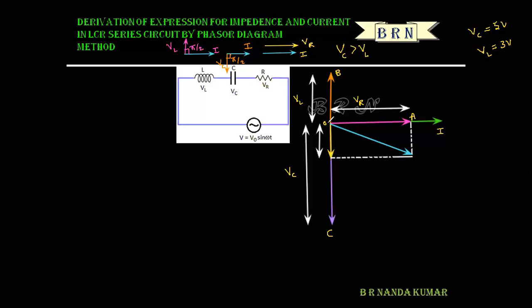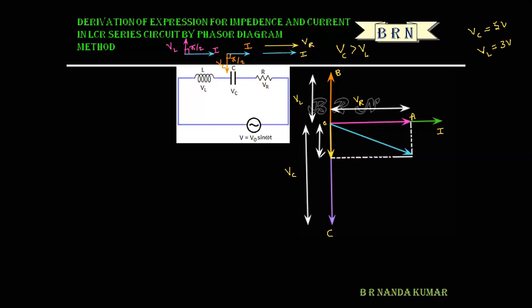If two vectors act at the same point in opposite directions, the resultant is not VL minus VC, because here the VC magnitude is greater. The resultant is VC minus VL, and that is along the direction of the greater magnitude vector. Here the greater magnitude vector is VC, so the resultant acts vertically downwards.